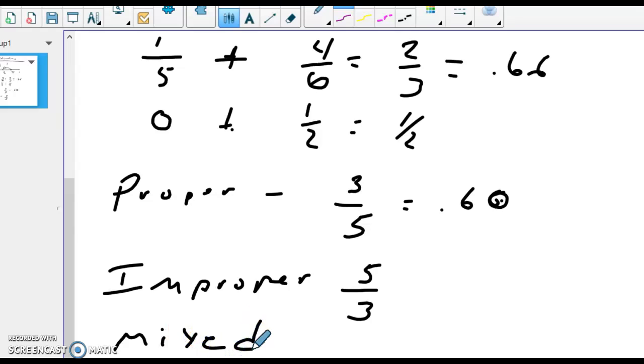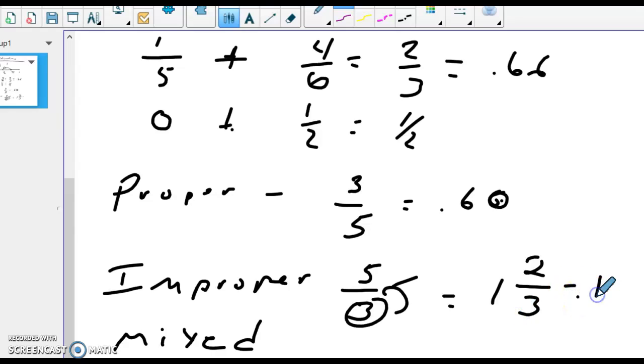So it's 5 divided by 3, and 3 goes into 5 how many times? It goes in 1 time with a remainder of 2, and we're working in thirds. If you were to turn that into a decimal, it's the same as saying 1 and 66/100, or if you kept going, 1 and 67/100 if you rounded.